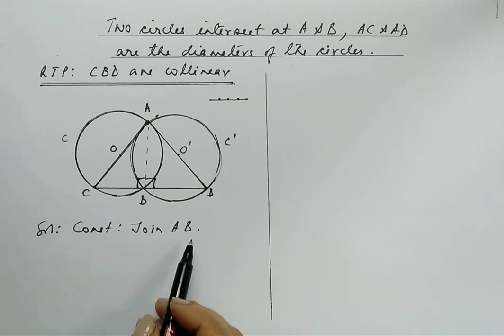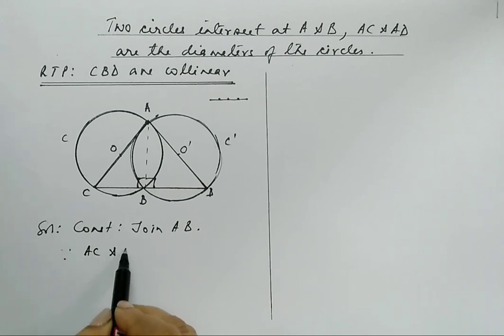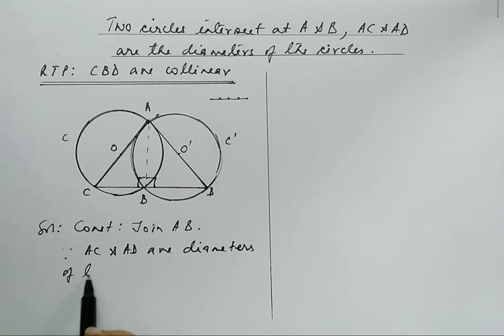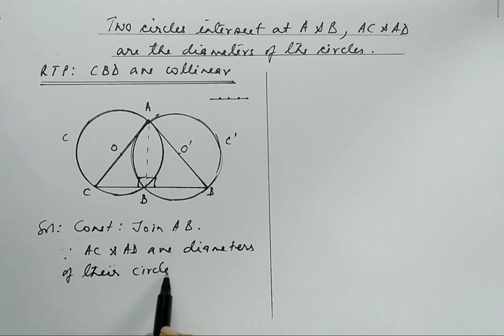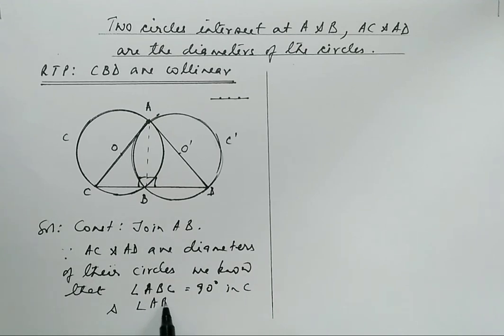So having done the construction which is shown over here, we can easily write that since AC and AD are diameters of their circles, we know that angle ABC will be equal to 90 degrees in circle 1, and angle ABD equals 90 degrees in circle dash.